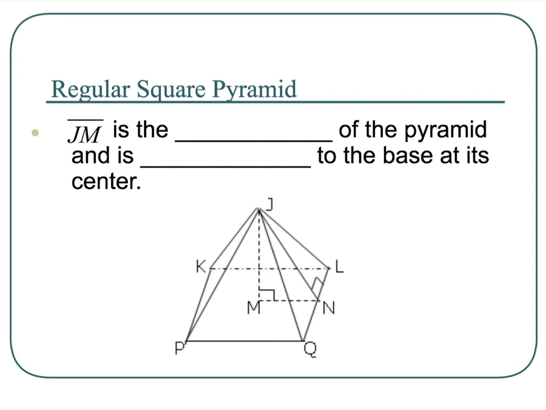JM is the height, or you can call it the altitude of the pyramid, and it is perpendicular to the base at its center. So JM is our height or our altitude, if you will.